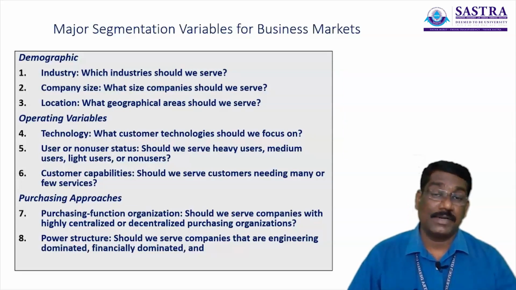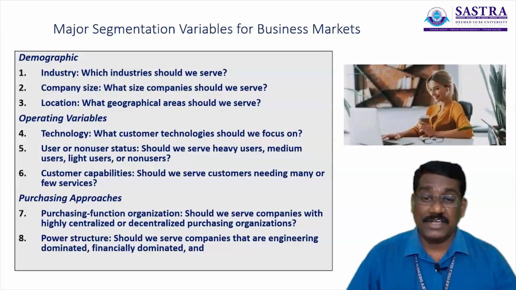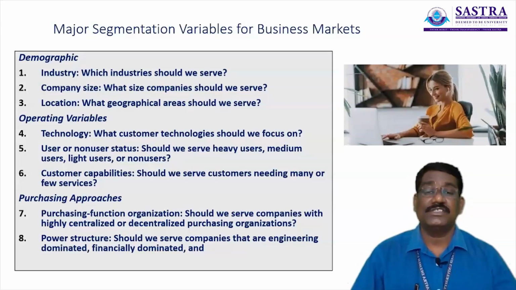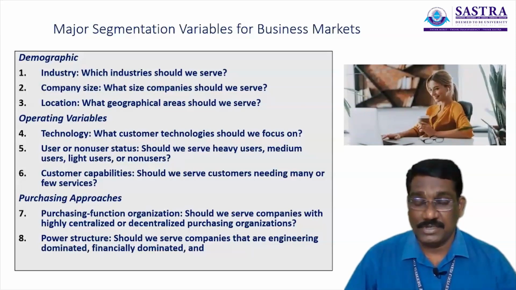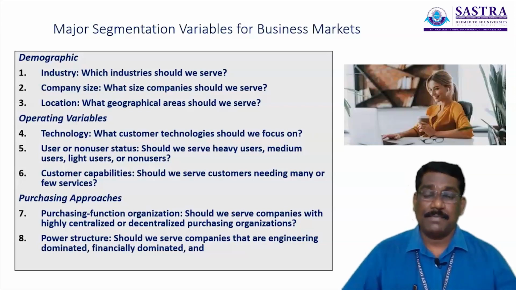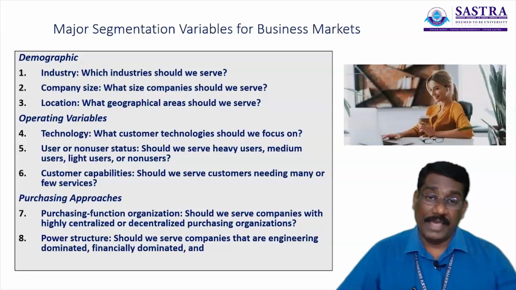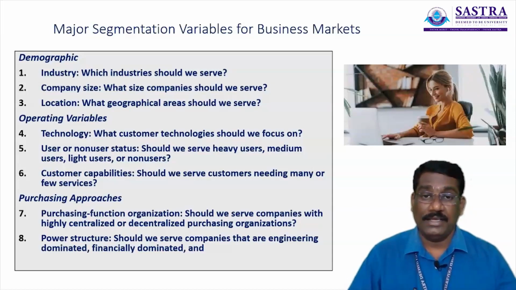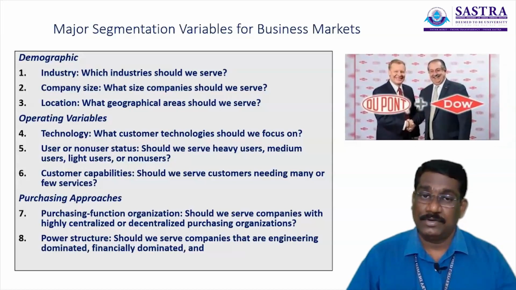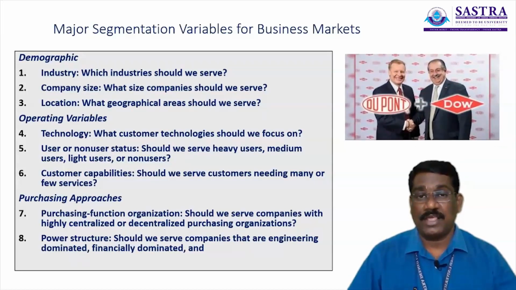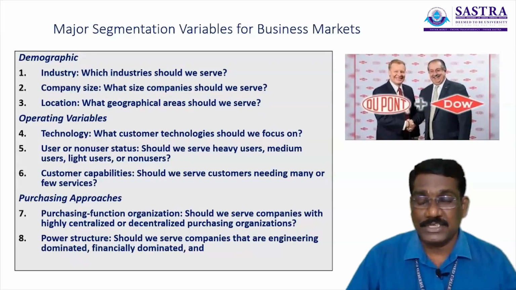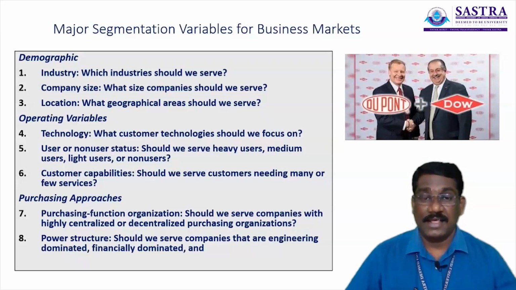Next one is the customer capabilities. Should we serve customers needing many services or very few services? For example, I'm a logistics service provider. Whether a company like DuPont needs only inventory service, or they need both the transportation service, or they need other additional export services.